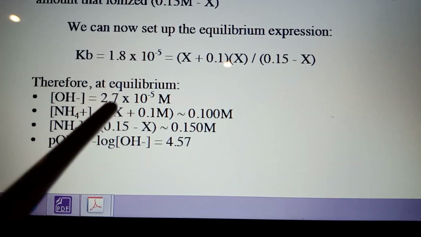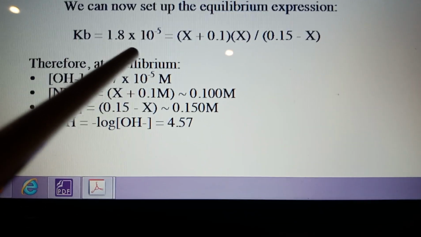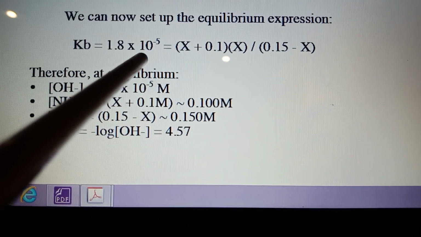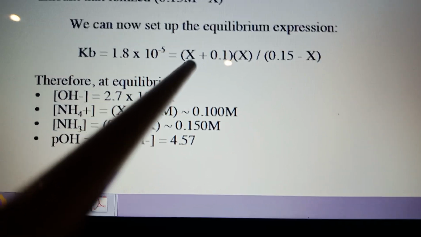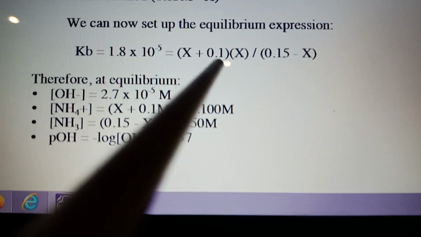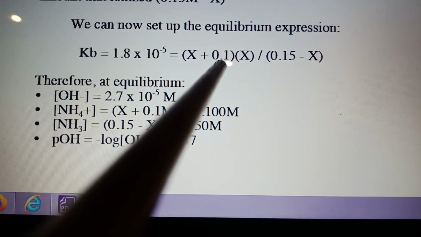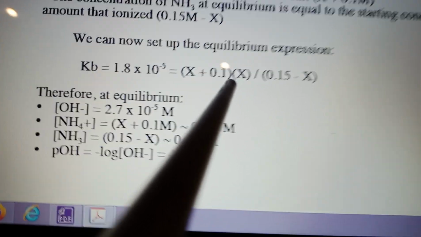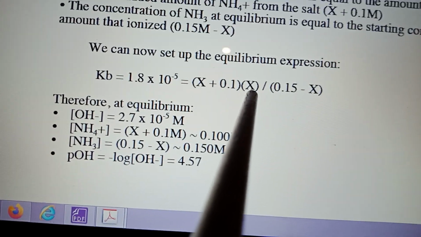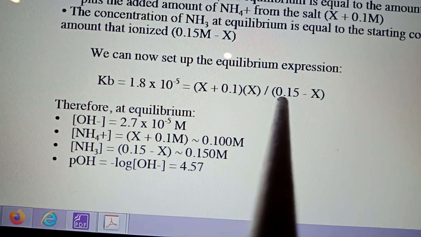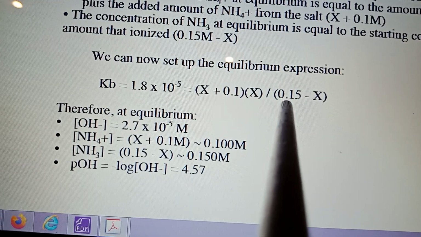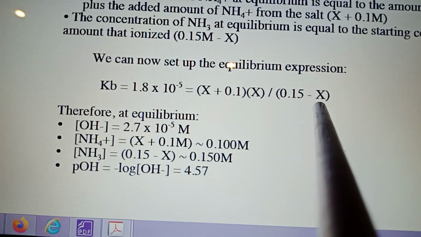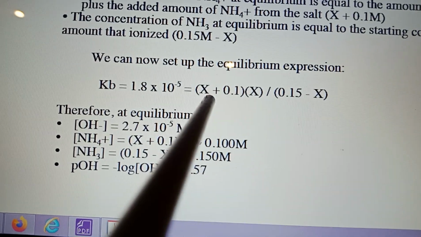Similarly, we will get the rate expression, that is the value of the equilibrium constant, 1.8 into 10 to the power minus 5, equal to X plus 0.1, which is the amount of ammonium ion added through the addition of ammonium sulfate, into the concentration of hydroxyl ion over the concentration of ammonia minus the concentration of ammonia which is dissociated into the ions.